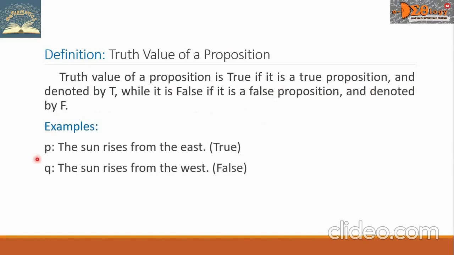First example is P, the sun rises from the east. This is true. And the other example, proposition Q, the sun rises from the west. And this is false.